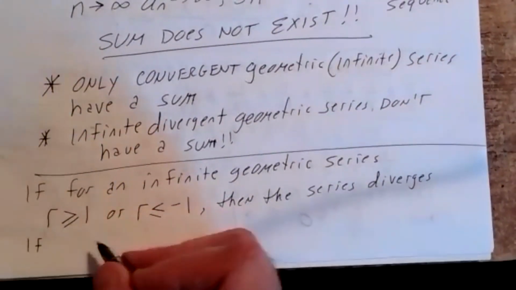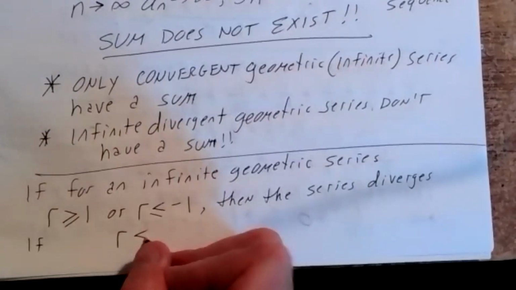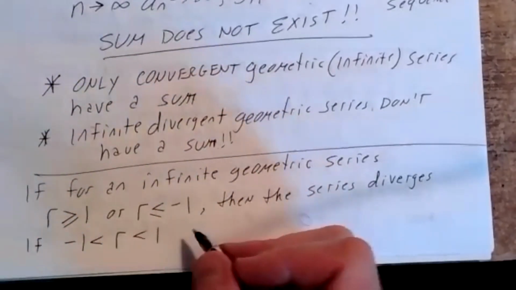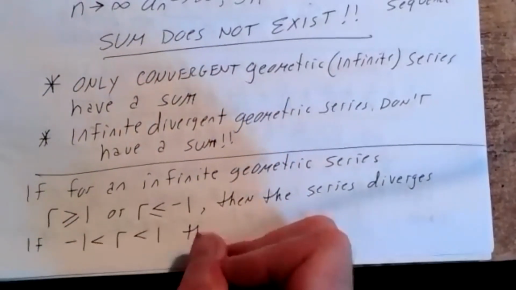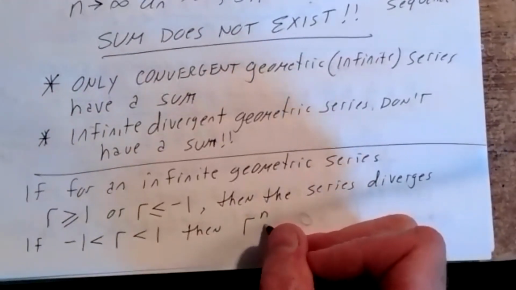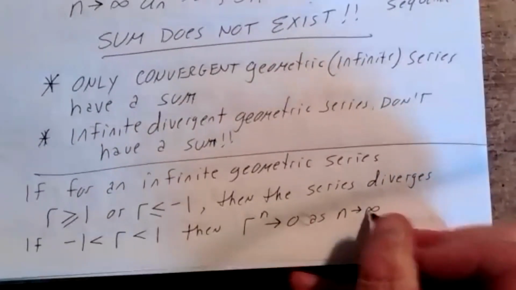If, on the other hand, your common ratio of your geometric sequence is a fraction between 1 and -1, then it's true that r raised to increasingly larger powers will always approach 0 as n approaches infinity. That will always be true.